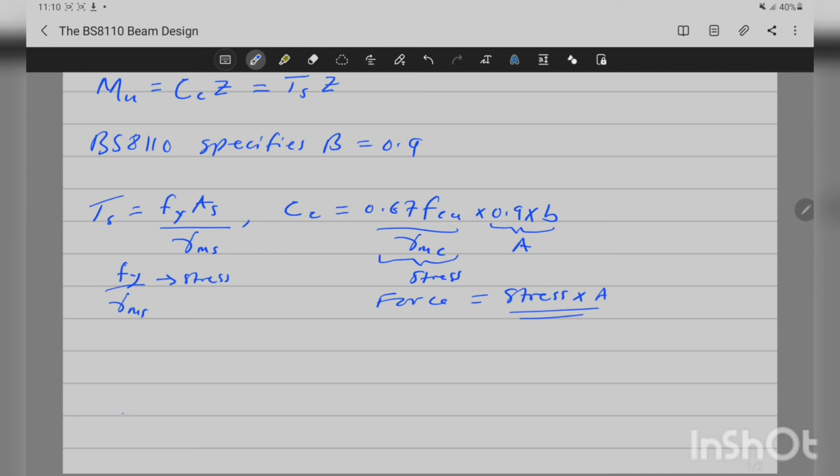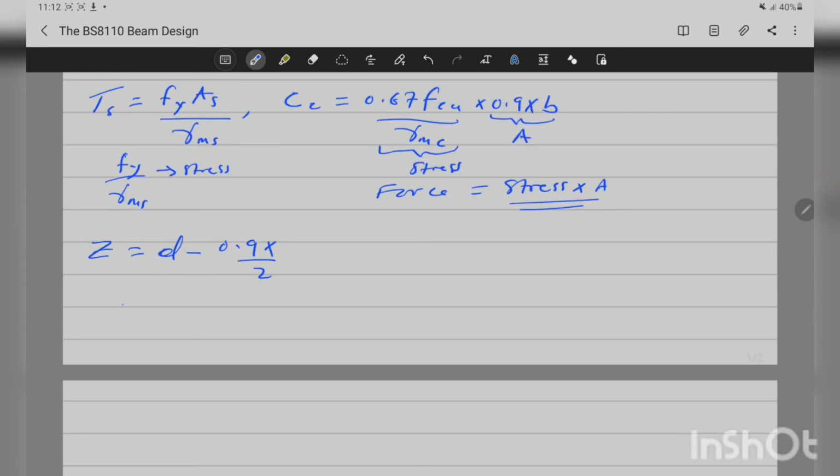Now if we need to get the ultimate moment, we need to get the value of Z, and Z here is equal to D minus 0.9x out of 2. We can go further with this.